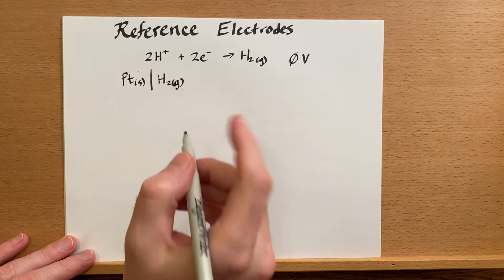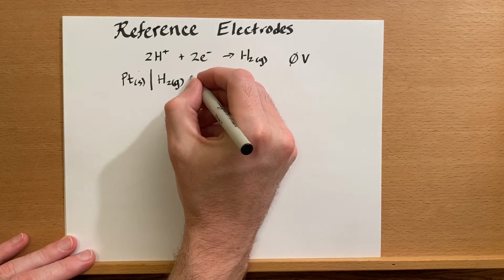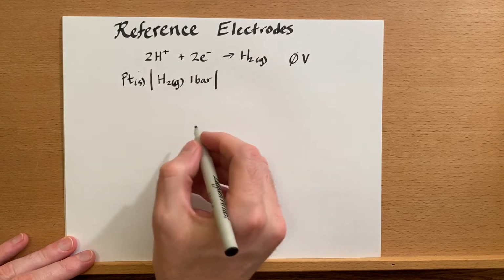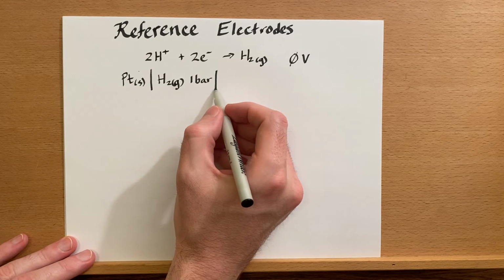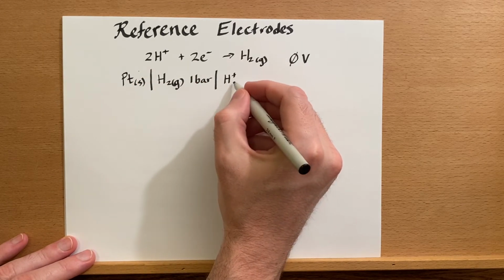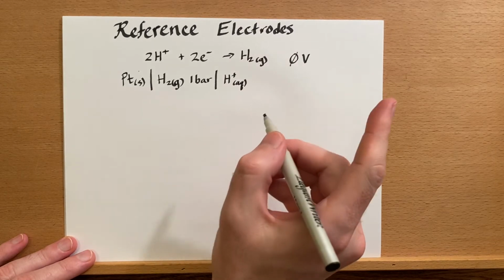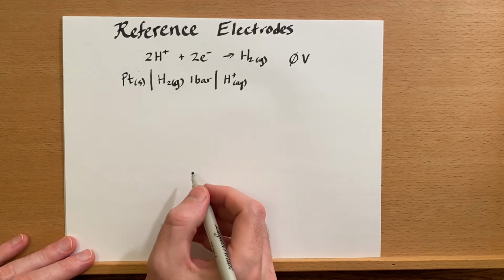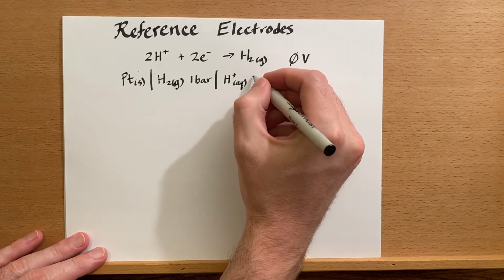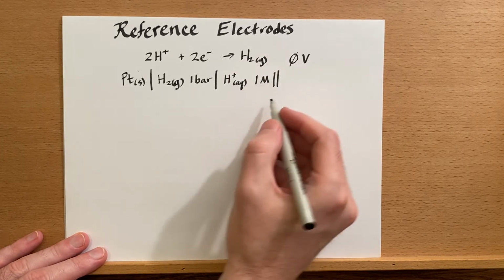If it's under standard conditions and actually measuring at 0 volts, this would be 1 bar of pressure. And then we have another phase change here, and we'll have our H plus. That's aqueous, and this will have a concentration of 1 molar. Well, actually, it has an activity of 1, but really it's 1 molar concentration. And then we'll have our salt bridge.